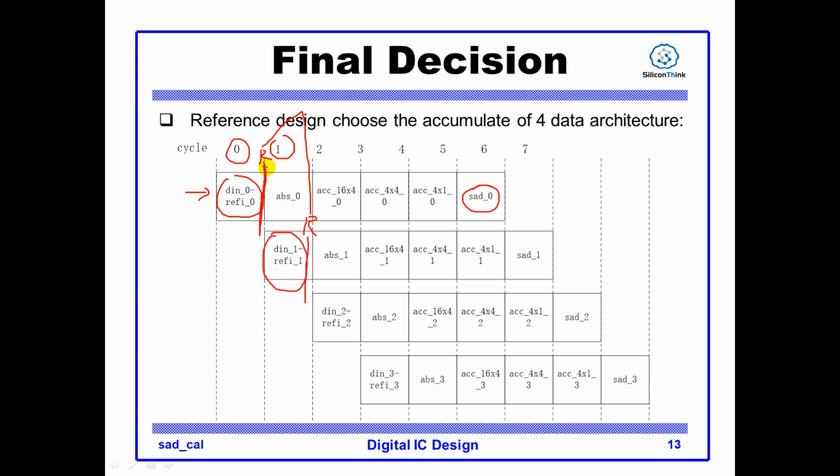The value of this register at cycle 0 and at cycle 1 has changed, but we still get the right result for the first input. Why?